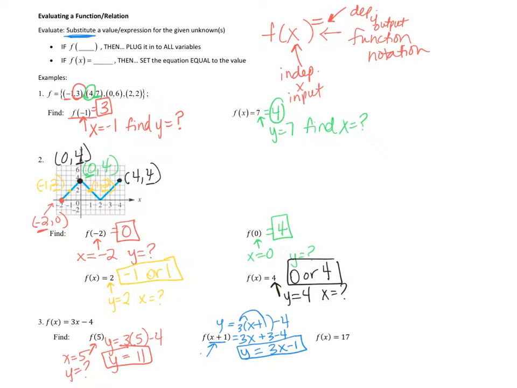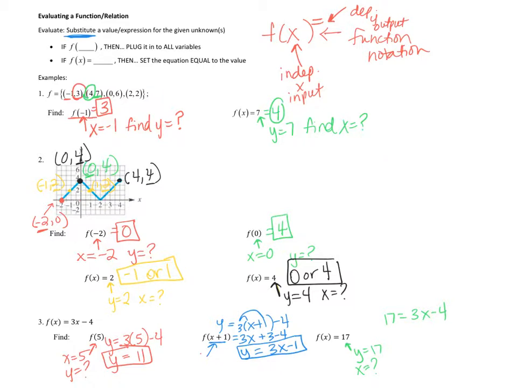All right, so the last one here, they are giving us a y value, and they want to know, well, what is the x value? So this one's a little bit different. This time I'm going to plug in 17 for the y, and I'm going to find the x. So doing that, now I need to solve this equation.